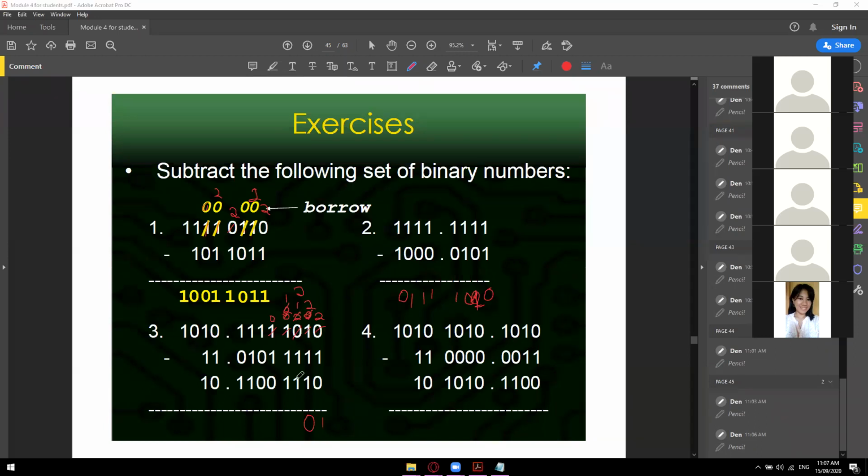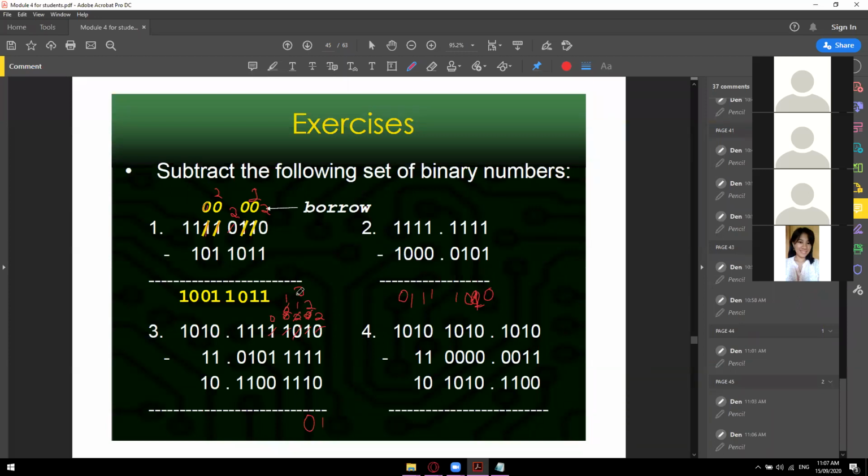So, 2 minus 1 is 1. 1 minus, nasan na tayo? 2 minus, oops, mali natin pinaglagyan ko. 1 minus 1 at 2 minus 1, 0, 0. 2, tama.